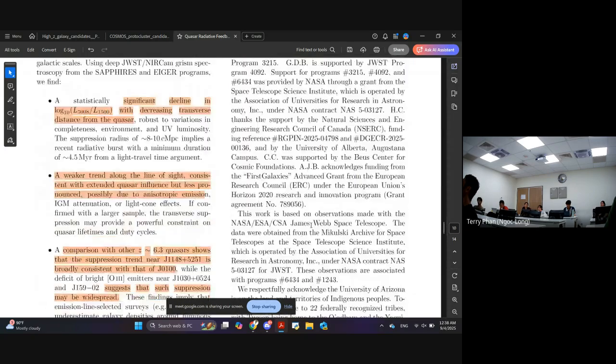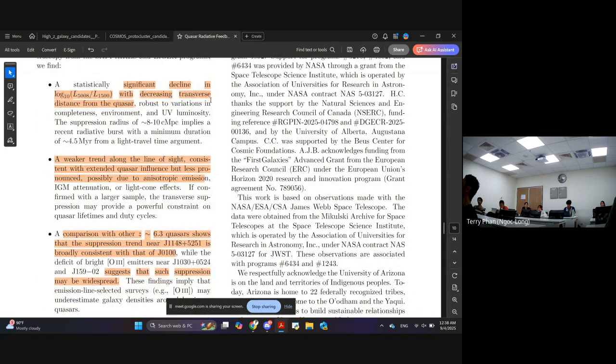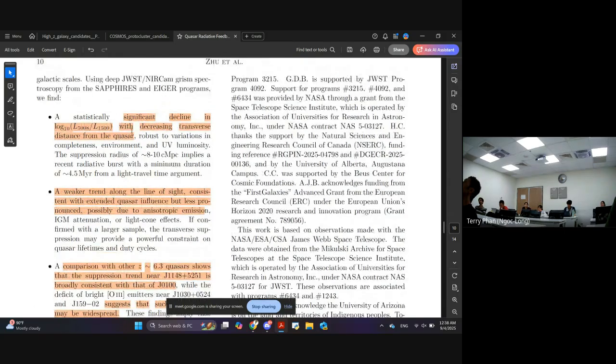Yeah, I think that was pretty much it. Here I just highlighted the main findings: that there was a decline in the ratio between O3 and UV luminosity the closer we get to the quasar, and there was a weaker trend along the line of sight.